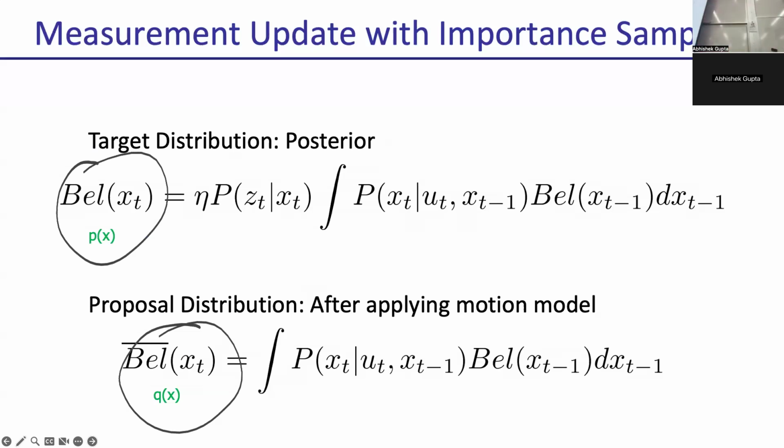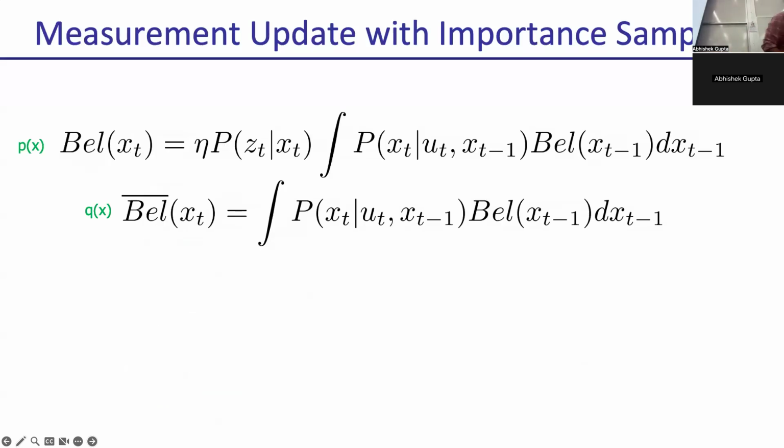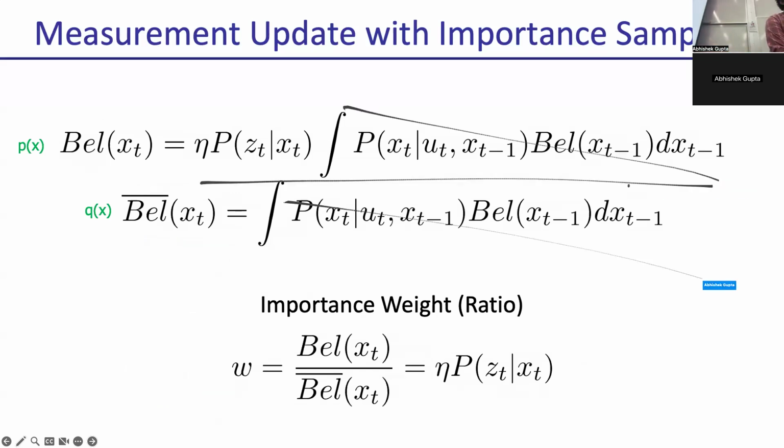Right. So as you'd expect, we're just going to divide P of X by Q of X, right? And so if you just divide them, you just get eta P(ZT given XT), right? And so all we're going to do is divide this and this, right? It cancels, and all you're going to get is P of ZT given XT, normalized, right?